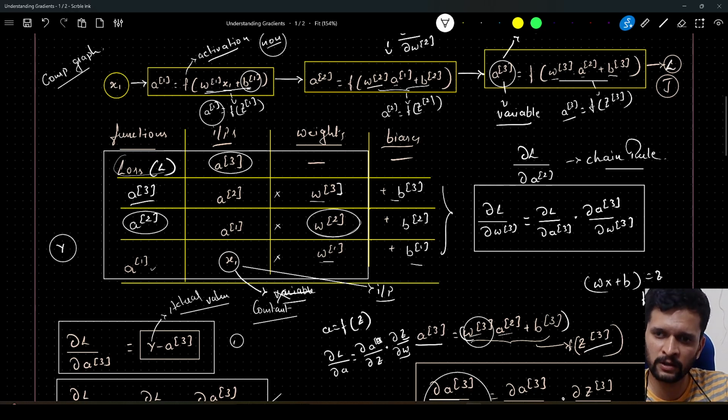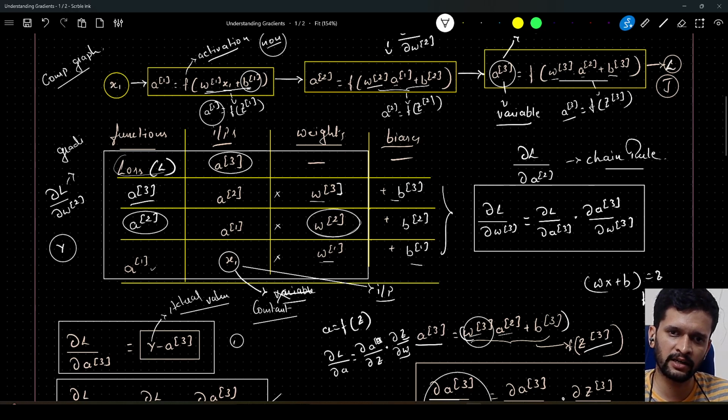We multiply all these things in order to compute our rate of change of loss with respect to the rate of change of weight 2. So this is called the gradient at layer 2.